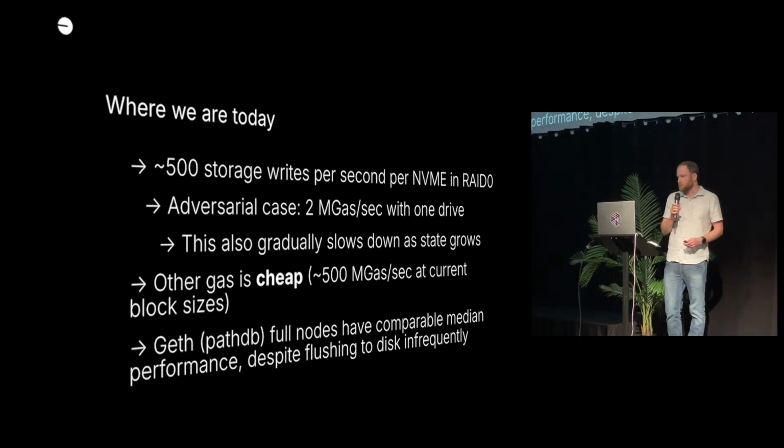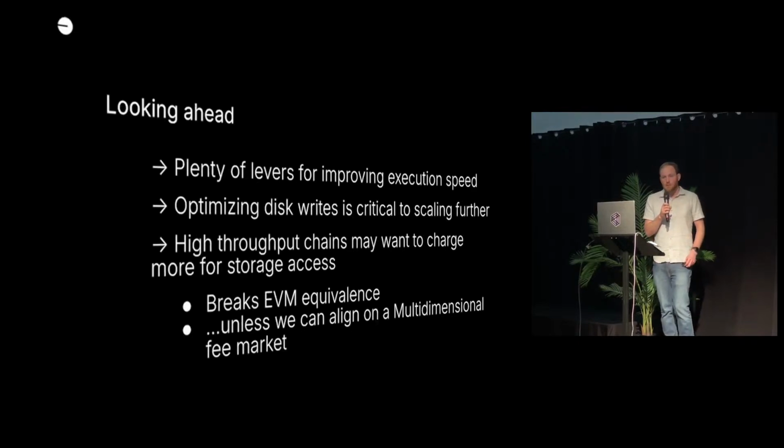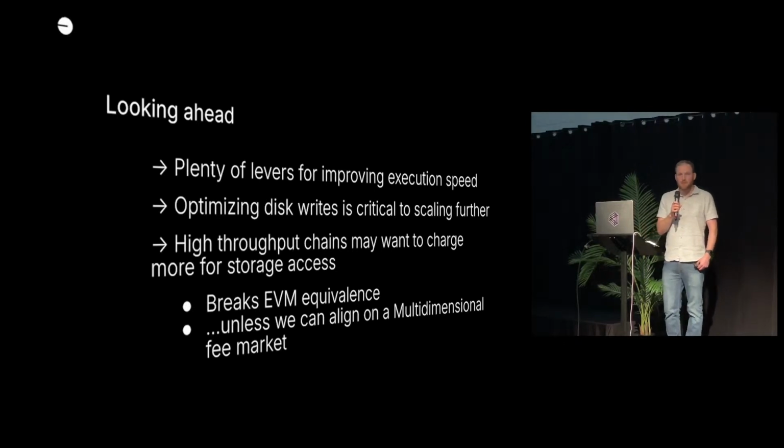So that tells us there are really good performance implications on Reth, and we've made huge leaps forward here. So just looking ahead, we know there are plenty of levers available for improving execution speed. There's REVMC, a compiled EVM bytecode. We can run things in parallel and actually start to use all those extra disks or extra CPUs we have lying around idly.